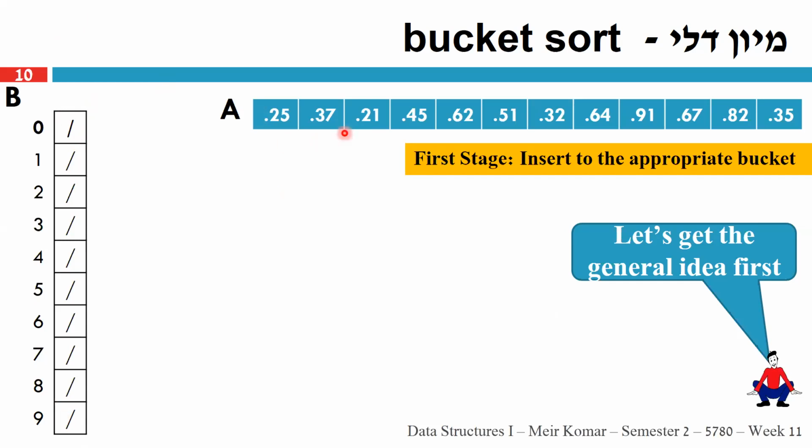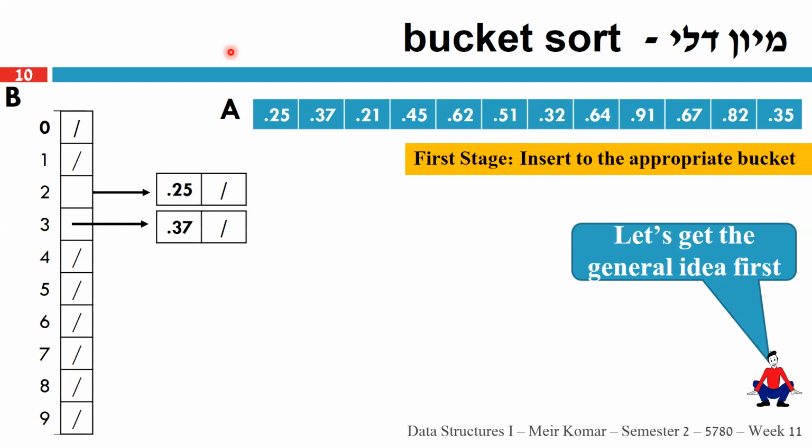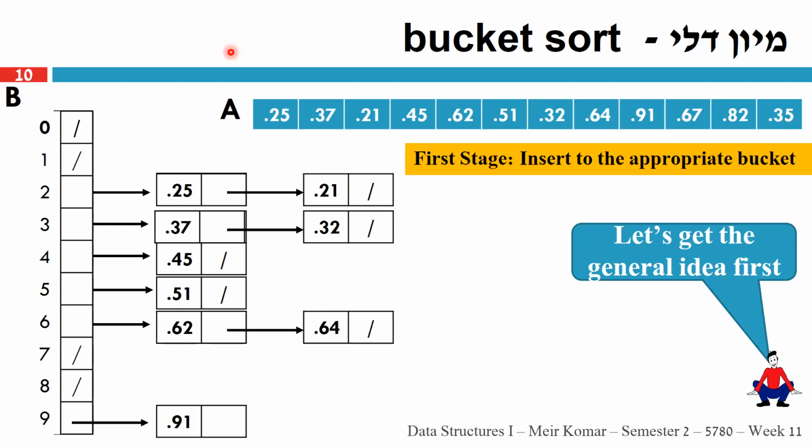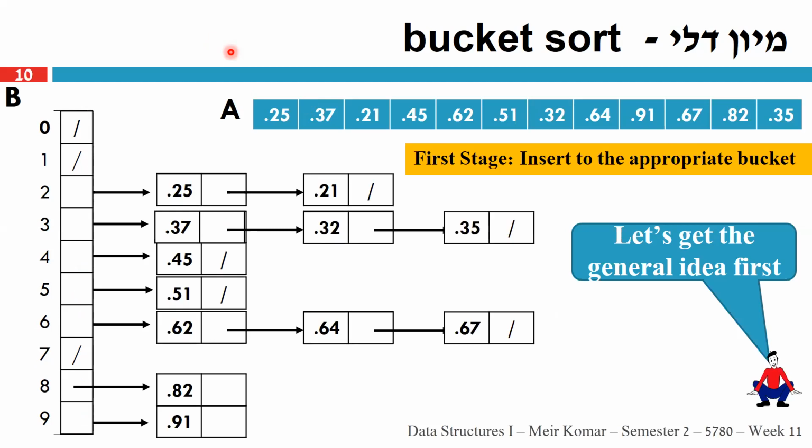And according to here, let's put in 0.25, insert it into this list. So the list will look like this now. 0.37 shows up, put it in. 0.21 shows up, just add it. 0.45 shows up, add it. 62, 51, 32, okay. 64, 91, 67, 82, 35.